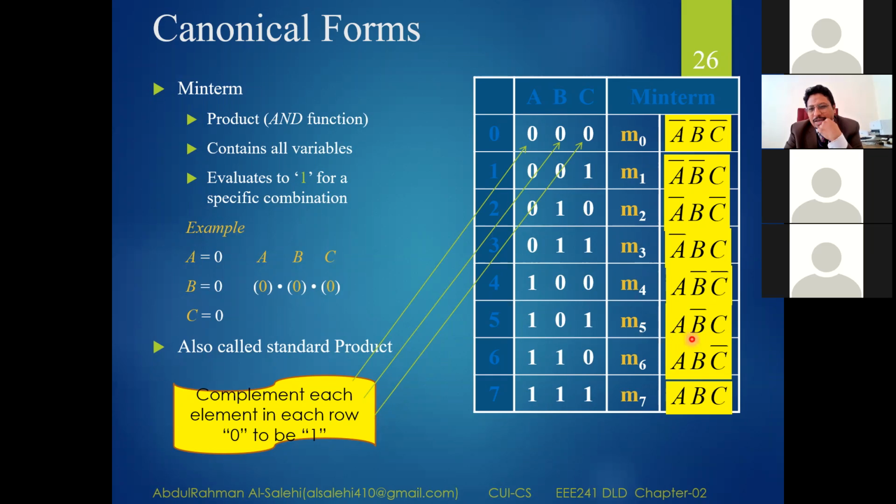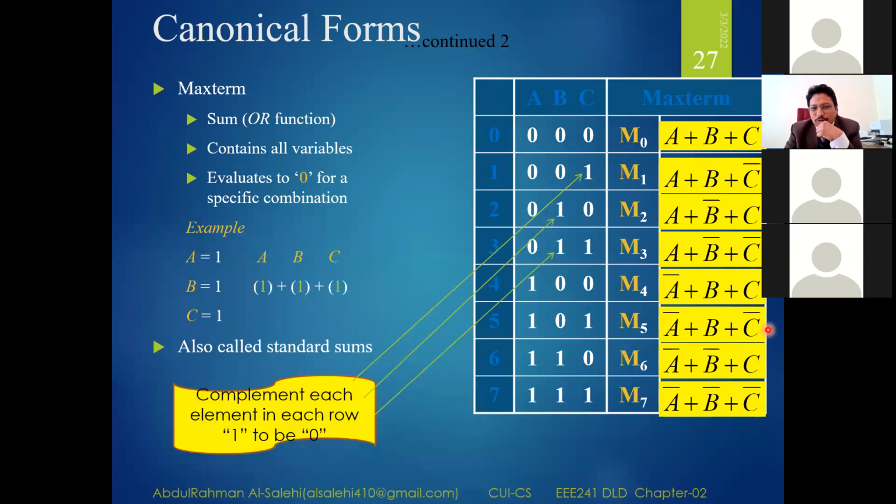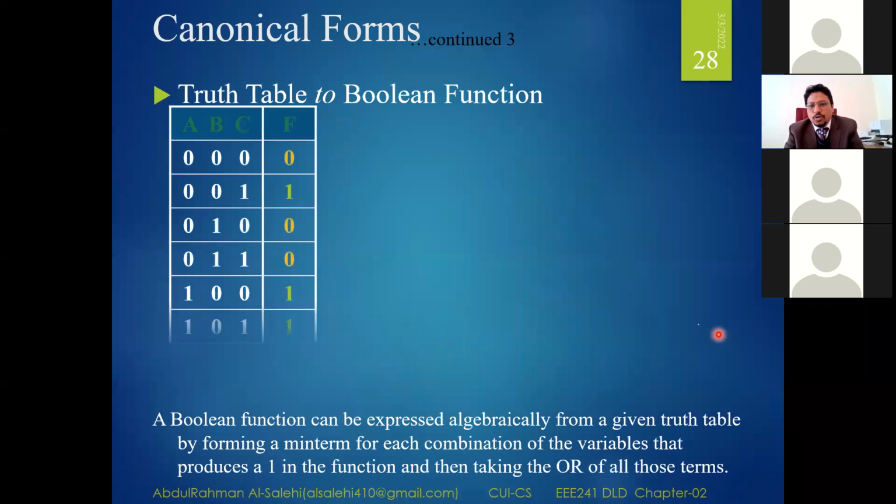It will be A, B prime, C. I only took the complements because at that time it was not complemented, while A and C were complemented. So when I took the complement of complement, it gives me the original element. B was complemented there, and here it's not complemented.